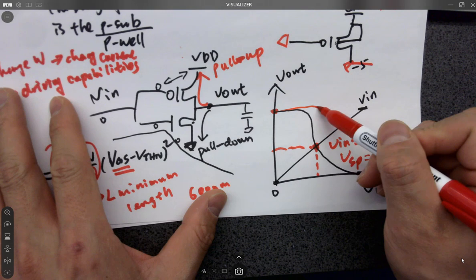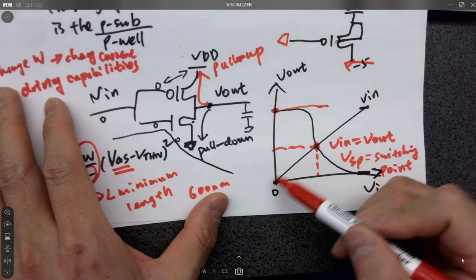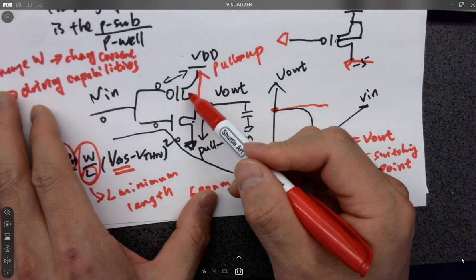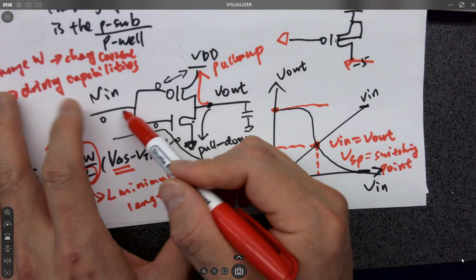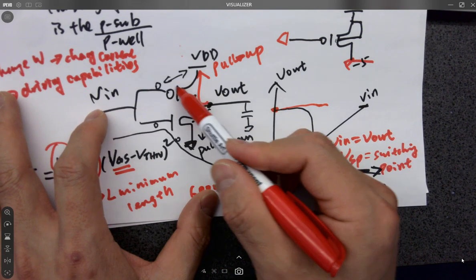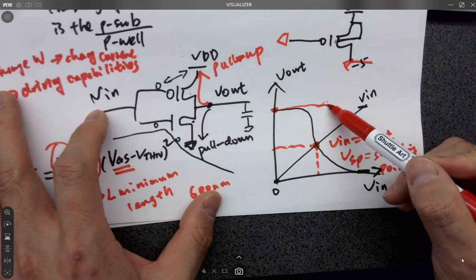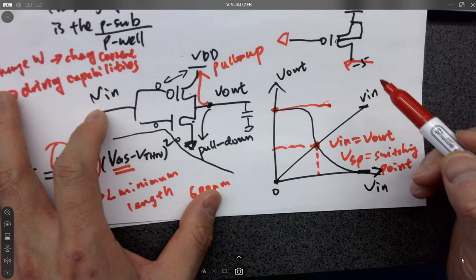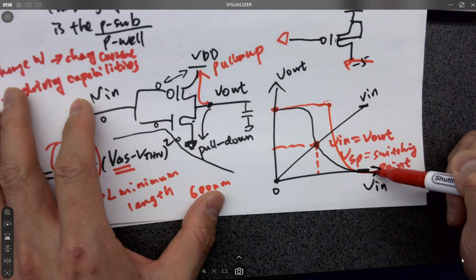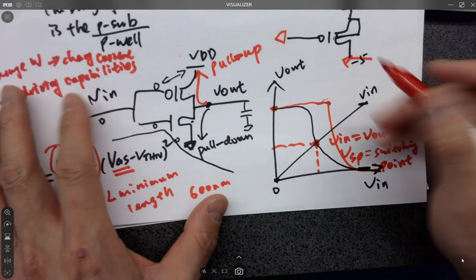It's going to look like this, right? Because it's so strong, when Vin increases, even though it's trying to shut it off, the PMOS refuses to be shut off. So it's going to stay on for a little bit, until a certain point, and then it will drop. So in that case, the switching point will be shifted to the right-hand side.